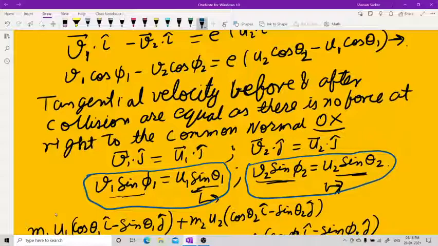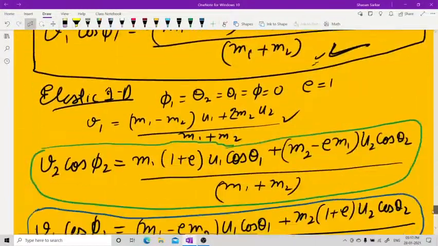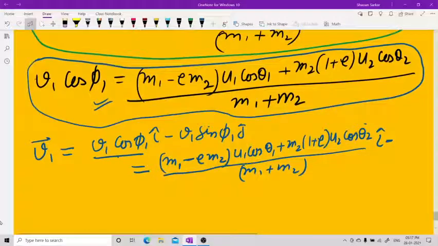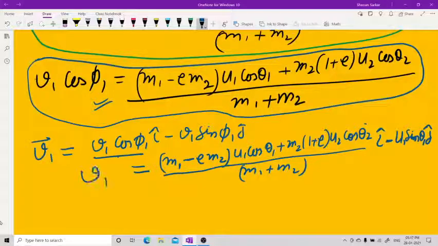Instead of writing v1 sin phi 1, I can write u1 sin theta 1 because I know theta 1 and u1. So now, minus u1 sin theta 1 j cap. This is my actual vector v1.